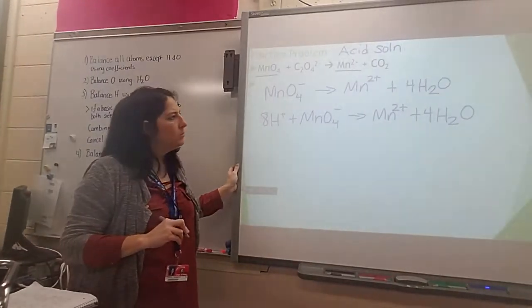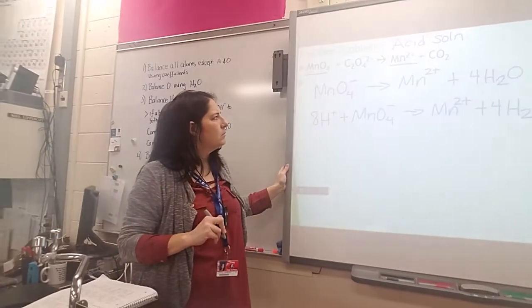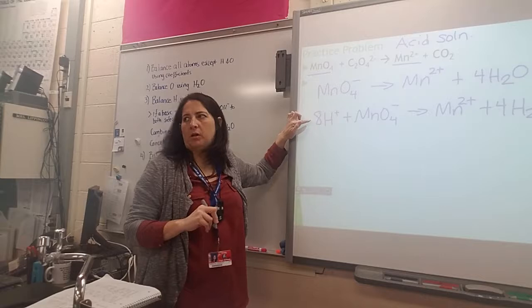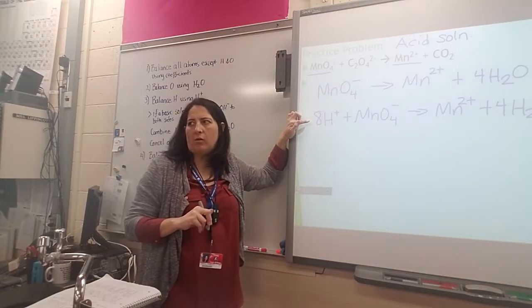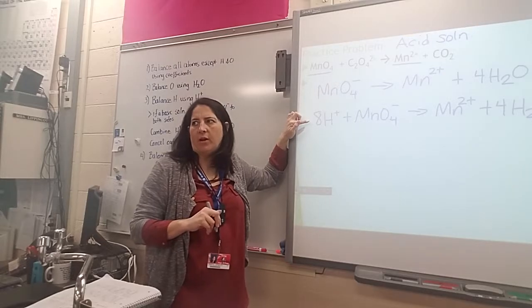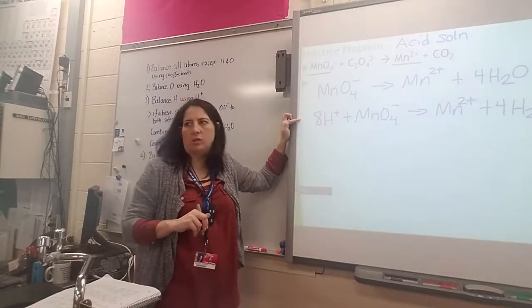Does hydrogen being alcohol have anything to do with it, or is it just the H plus? It's an H plus, so it's an ion. We're not going to worry about that here because it's in the form of an ion. It's in an acid solution, so it's going to be ions.